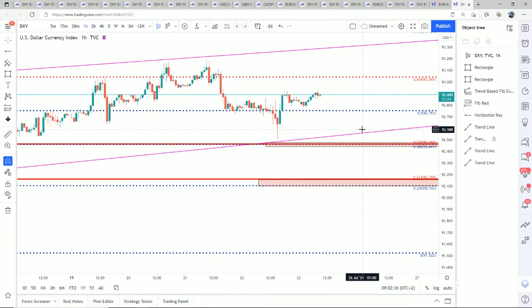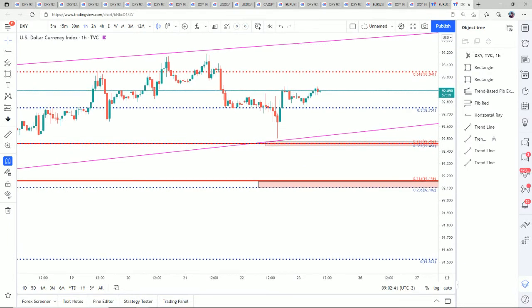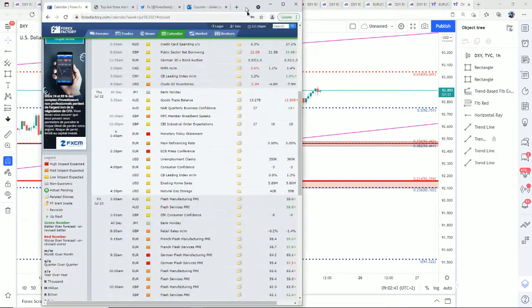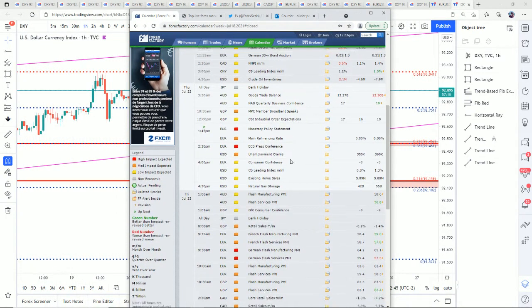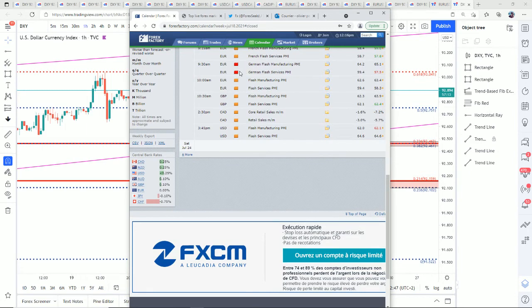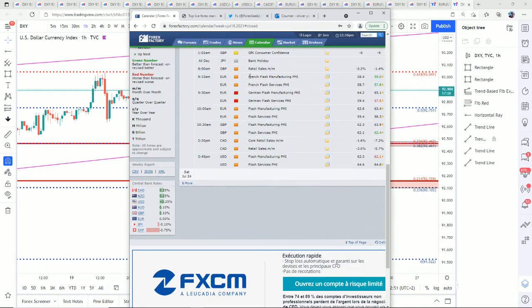We have data, the French data and the German data in a few more minutes. It's 9 o'clock now, so we have the London open, but we have these two important data here. The French, nobody cares really about, but we have the German, which is very important in general, and then you have the Euro data.